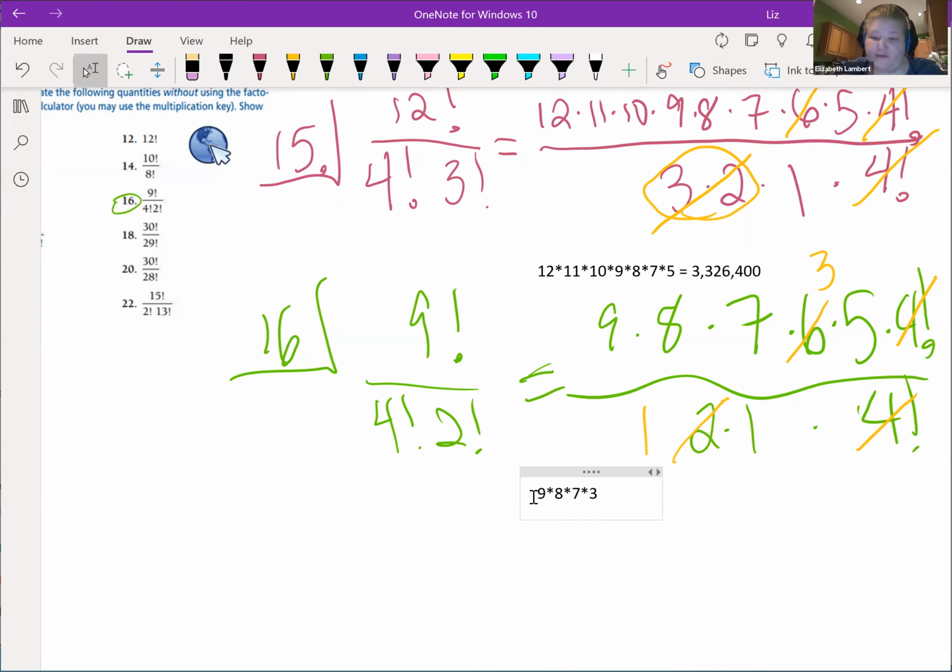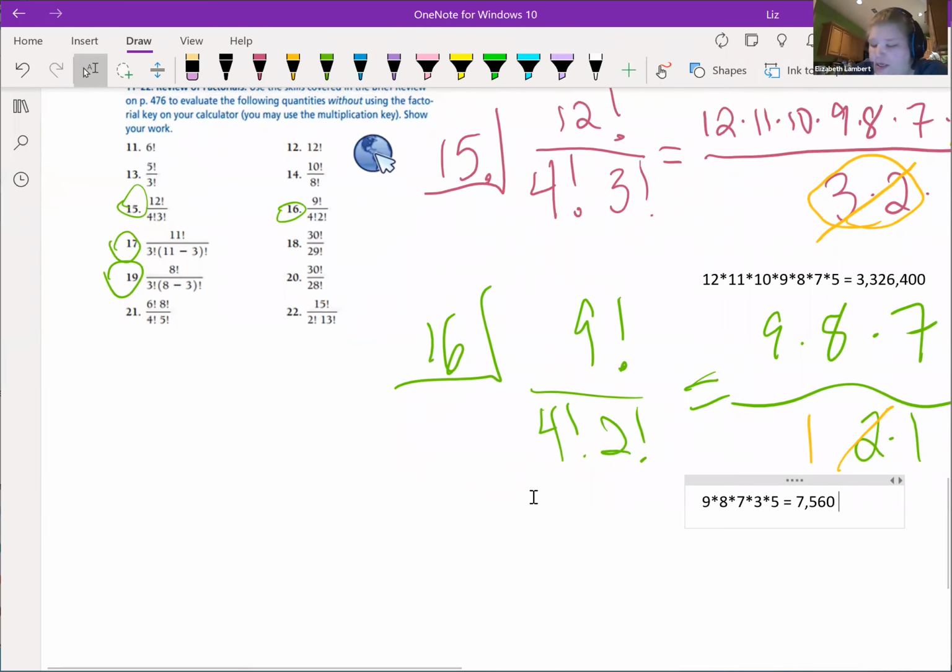And instead of 6, we have times 3 times 5. And you could also do 9 times 8 times 7 times 6 times 5 divided by, in parentheses, 2 times 1. You could do that as well. So 7,560.